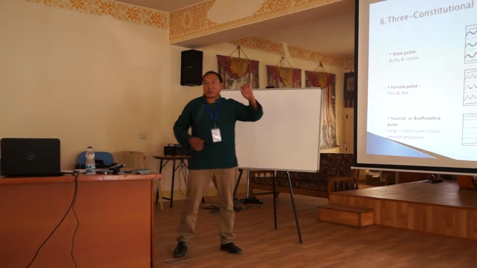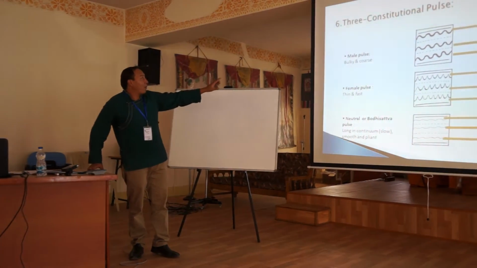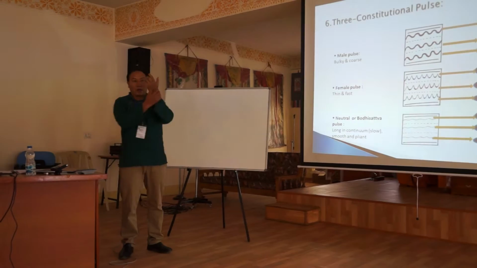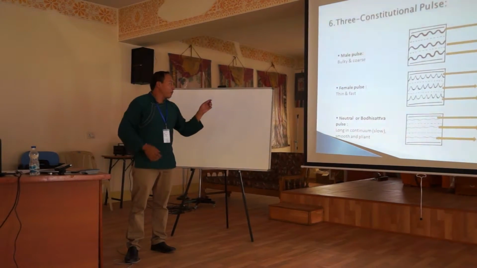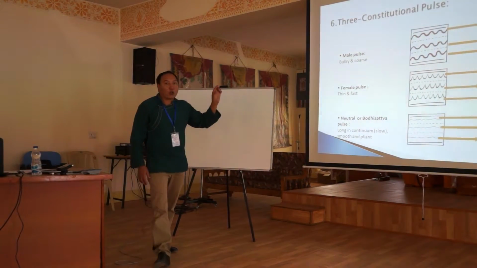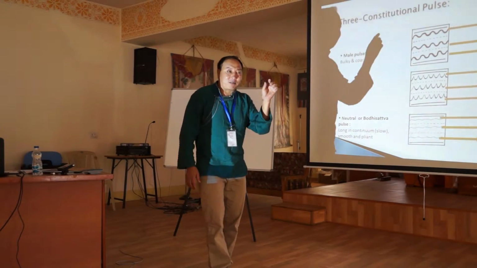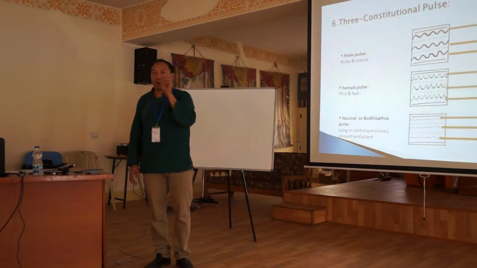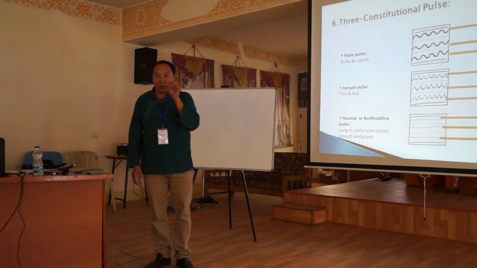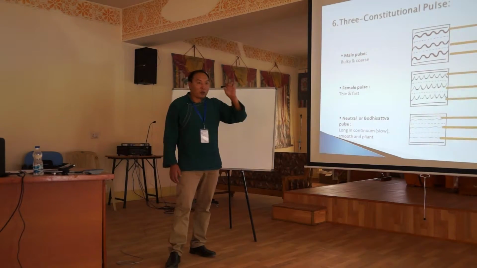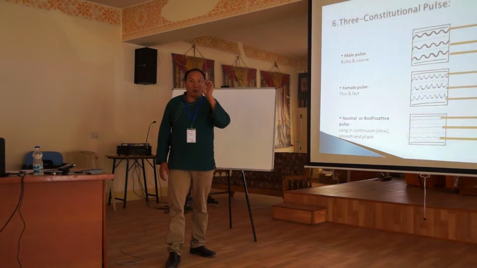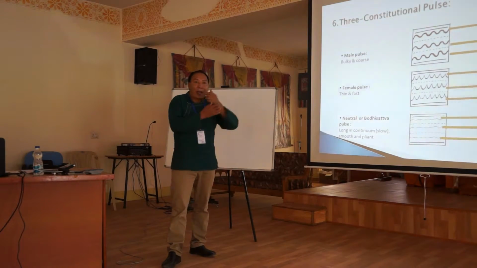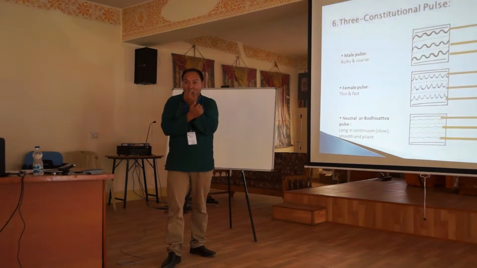Now about the constitutional pulse, the male pulse and the female pulse. At that time we are not talking about the gender. Male and female here does not mean gender. We are talking about the characteristic of the pulse, right?